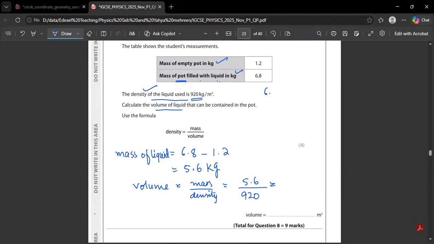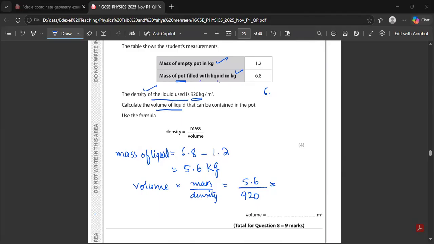Minus 3. So have you fixed the calculator in scientific notation? Or I think engineering notation. Can you please tell me the values in decimals? It's going to be around 0.006, I think.